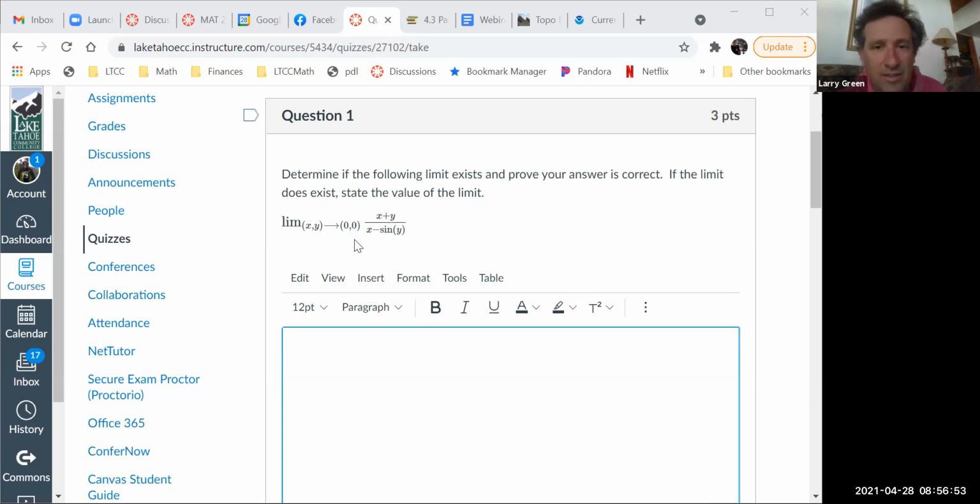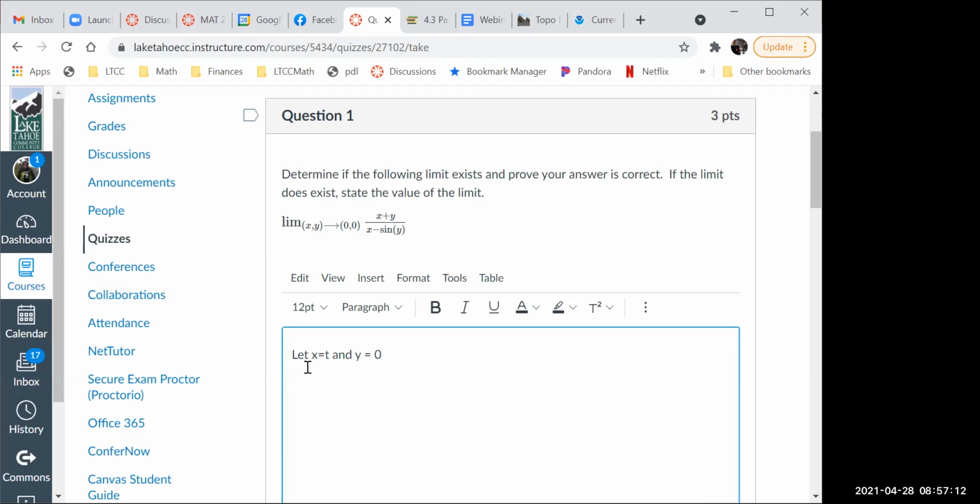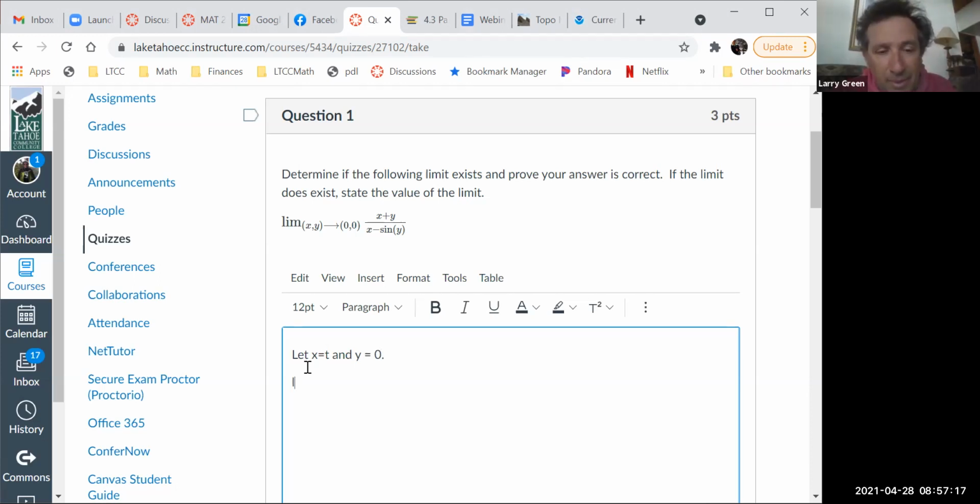Yeah, the axes. So let's start with the positive x-axis. So let x equal t, and y equals 0. Then we take the limit as t approaches 0.